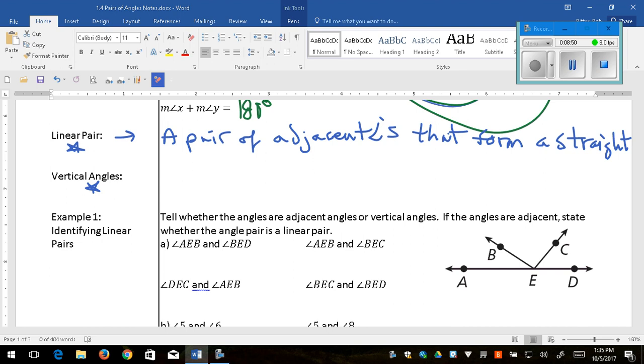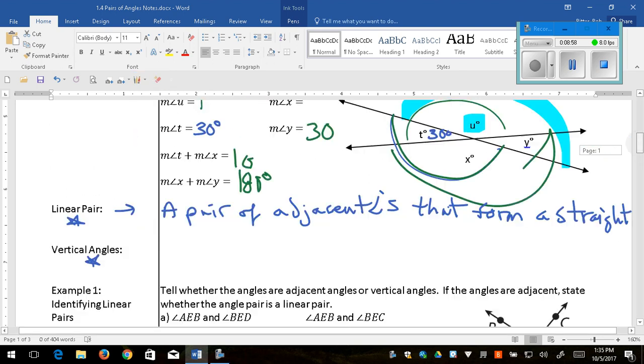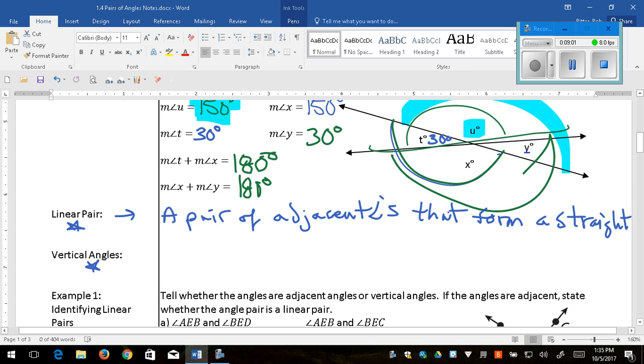Vertical angles are actually present in the picture that we see above. They are angles that point to each other when two lines intersect, is how I usually define them. They're formed by the intersection of two lines, and they are actually across from or opposite of each other.